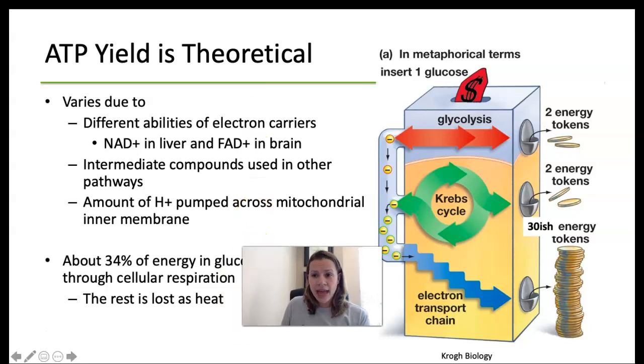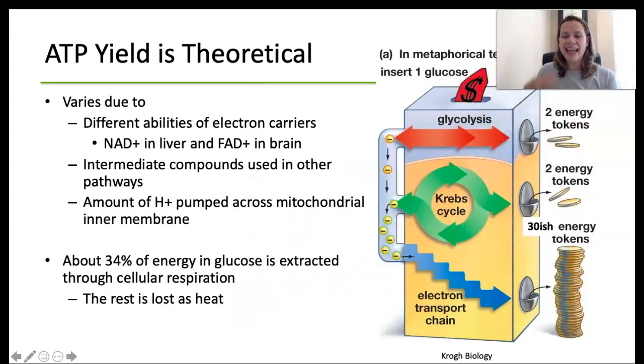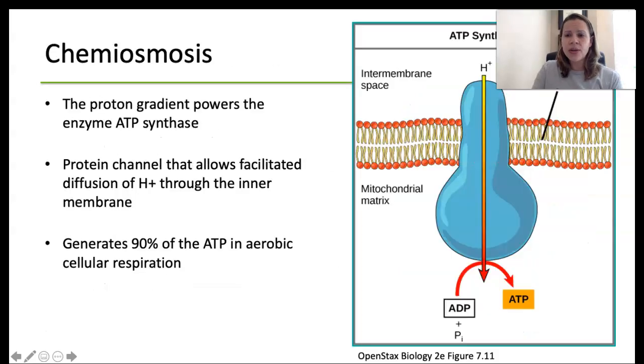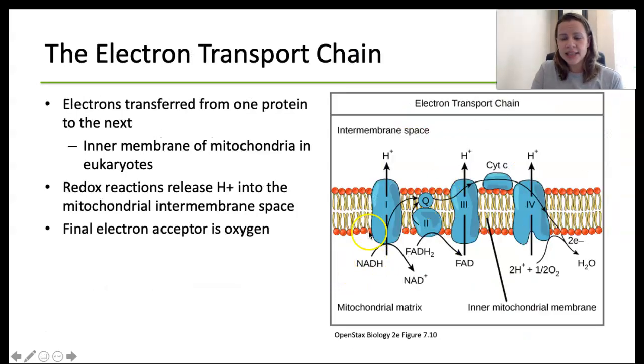Theoretically, we talk about how many ATP are generated, but this actually varies for a lot of different reasons. Some of our electron carriers are a lot better at carrying electrons than others. If we look back here, this whole thing could be happening all along the way, at lots of different times.